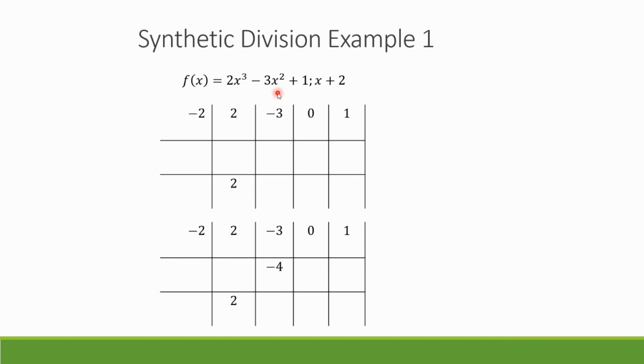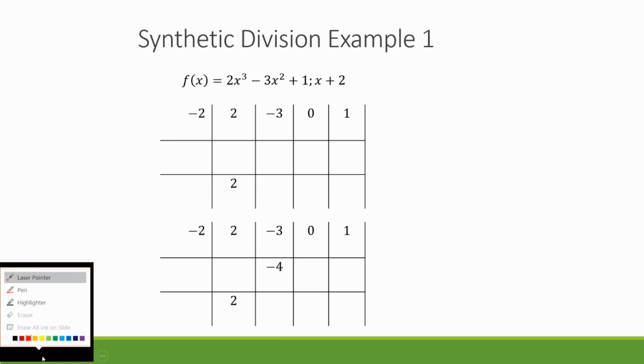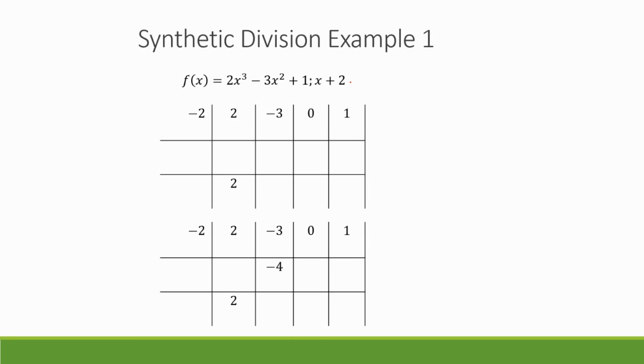Okay, so again, we're dividing by x plus 2, right? But you have to be careful, don't you? Because with synthetic division, you can't just divide by x plus something. It has to be of the form x minus something. But that's no big deal, because what we can do is this.